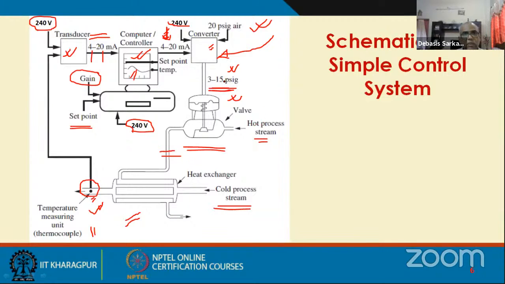Now, the 3 to 15 psig pressure signal goes to this pneumatic control valve. So the valve top receives this pressure and it decides the opening of the control valve. Based on that, the flow rate through this heat exchanger will be controlled, and thus the temperature of this cold process steam will be maintained.